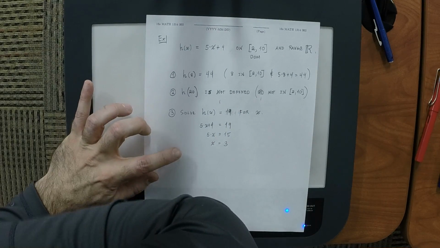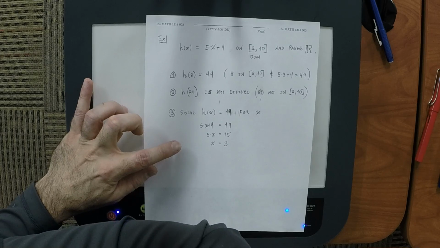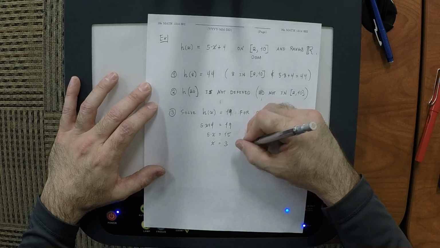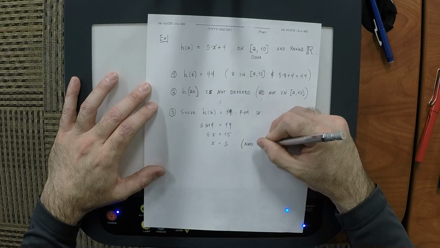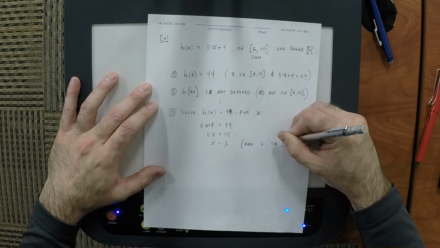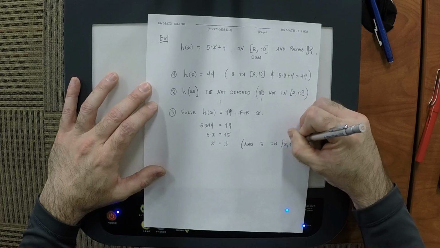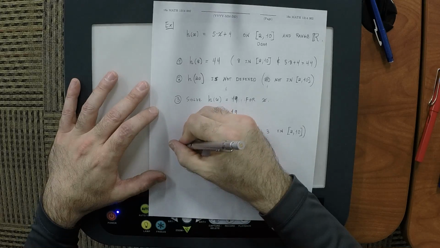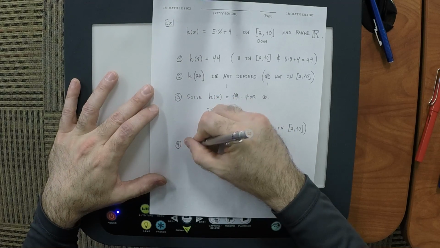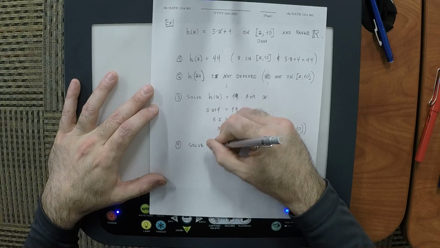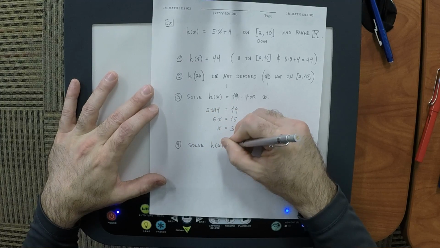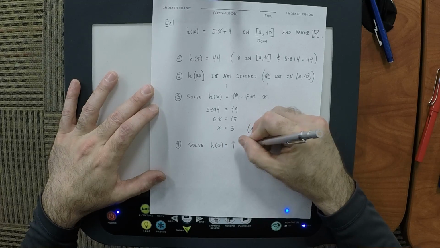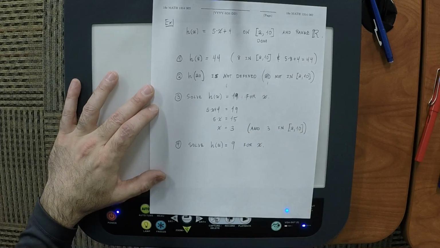So is that a solution? Yes. That's a solution because 3 is in 2 to 10. Finally, I could say, please solve h of x equal to 9 for x.